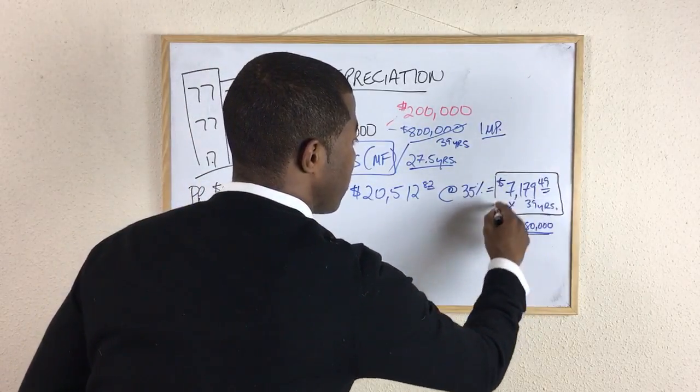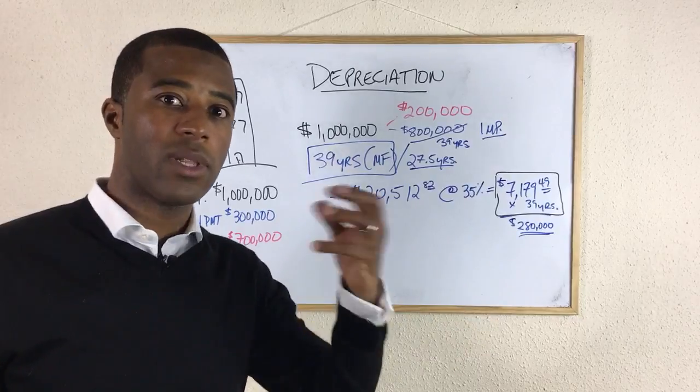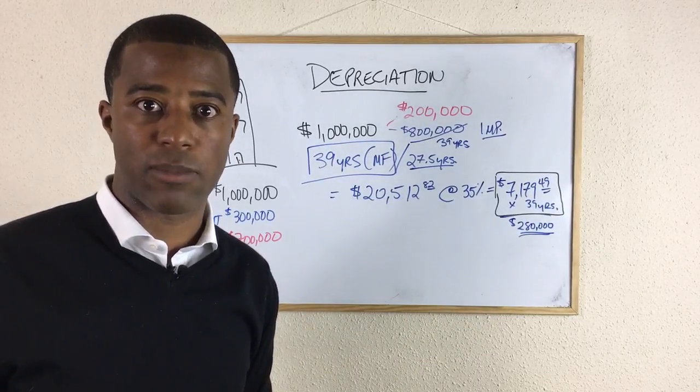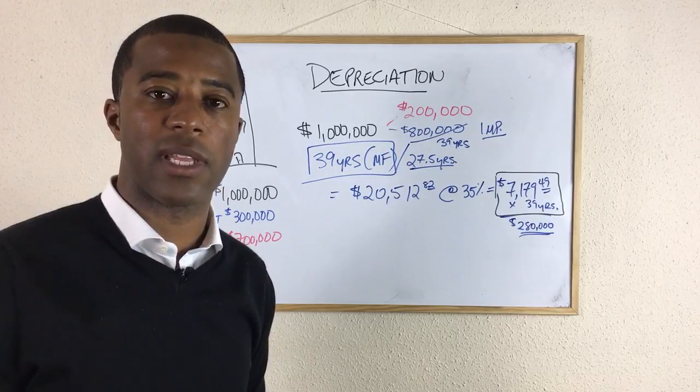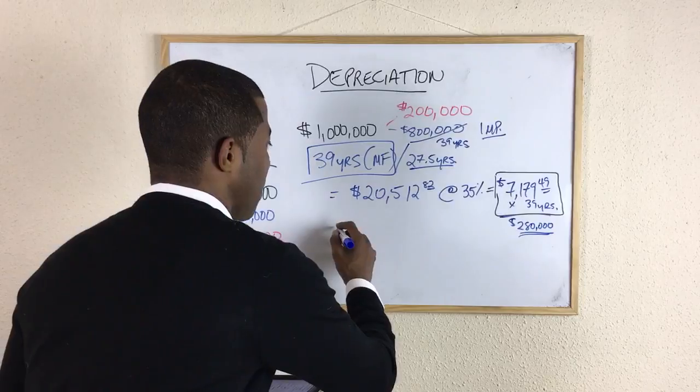That would be a 35% return. But also, let's say that you were in a higher tax bracket. Let's say that you were in a 50% tax bracket, 39.6% at the federal level and another 11% at the state level.